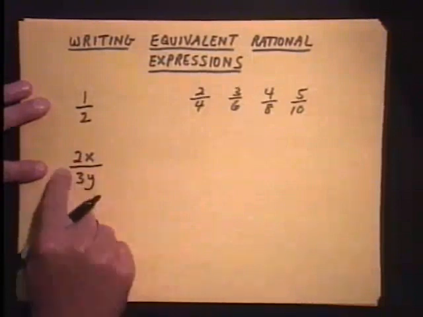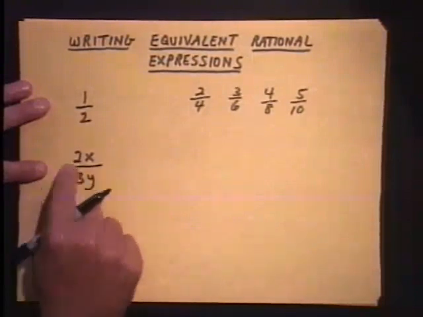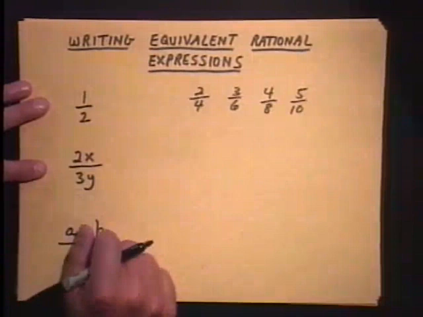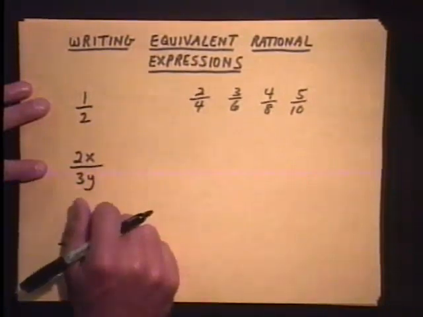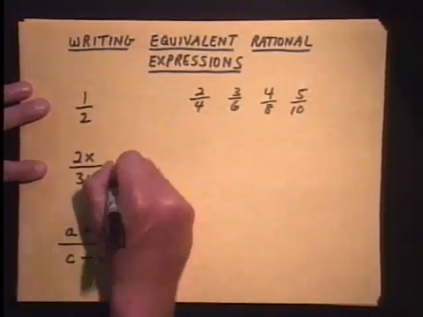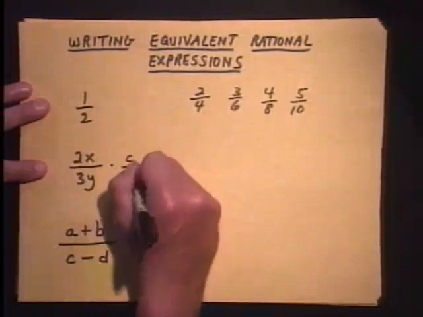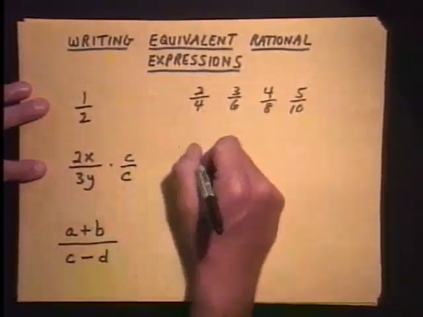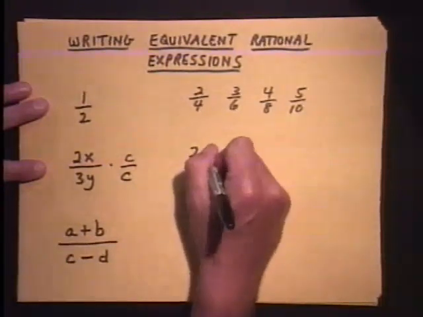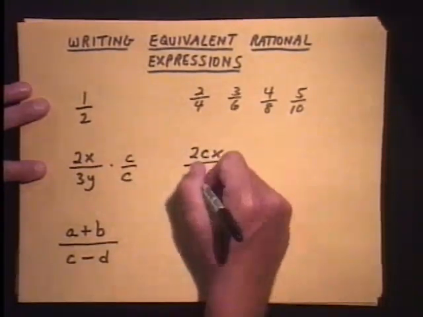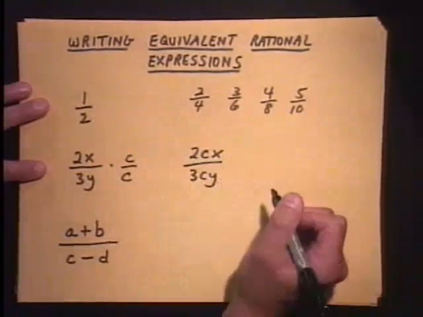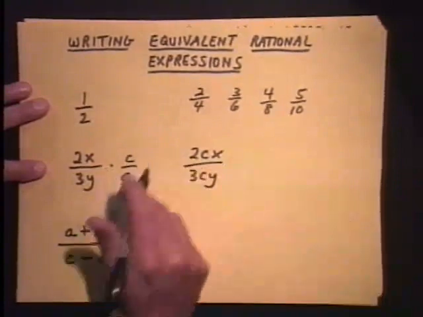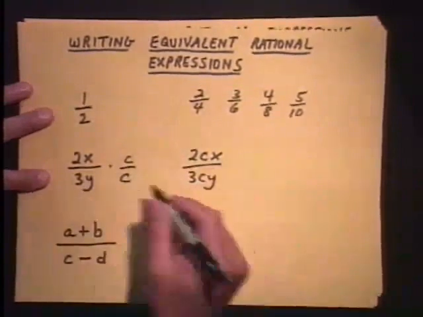You betcha. Let's make some equivalent fractions to 2x over 3y, because we don't want those variables to scare you out there. So I'm going to go ahead and multiply this by c over c. I can do it with variables as well. The rule still works, and that would be an equivalent fraction of 2cx over 3cy. And I could do that with any variable, any quantity, or anything. Let me take another one here.